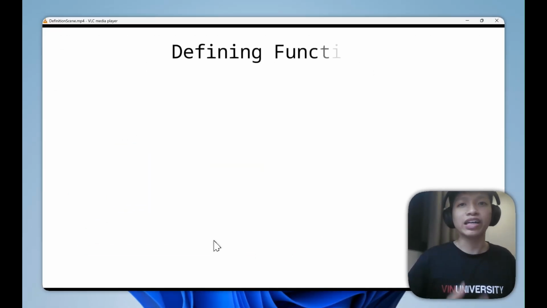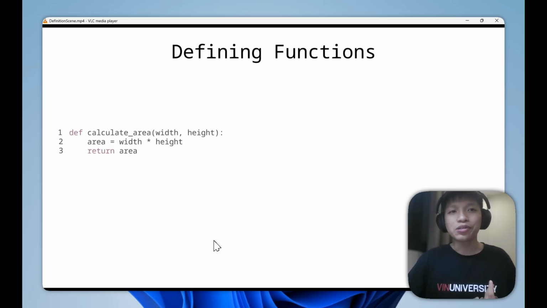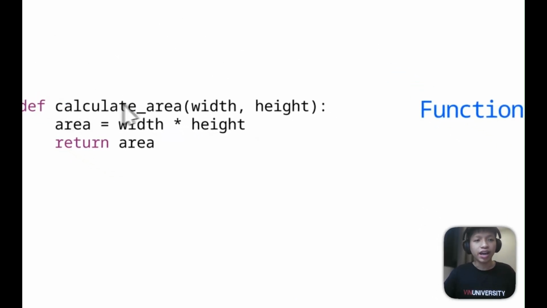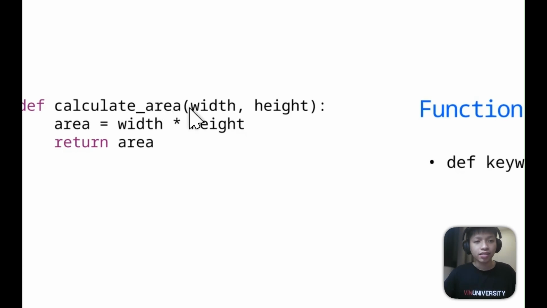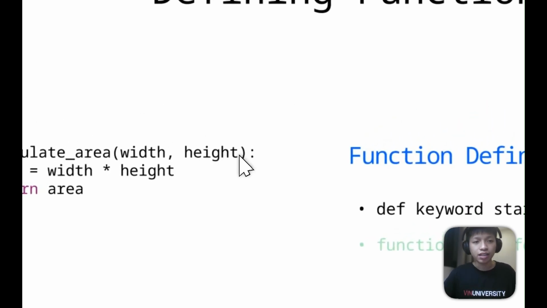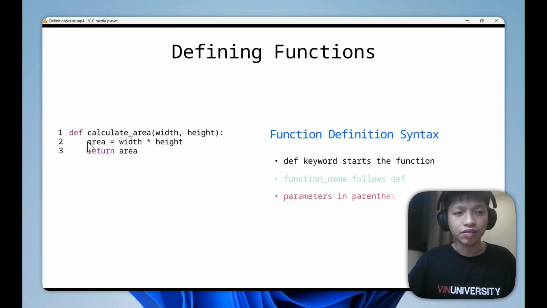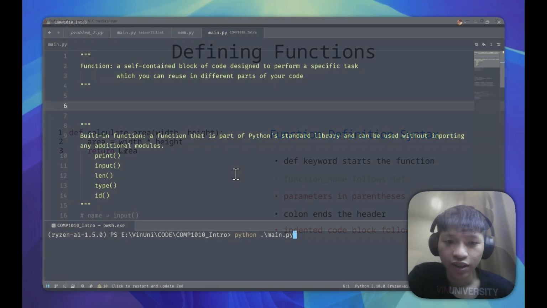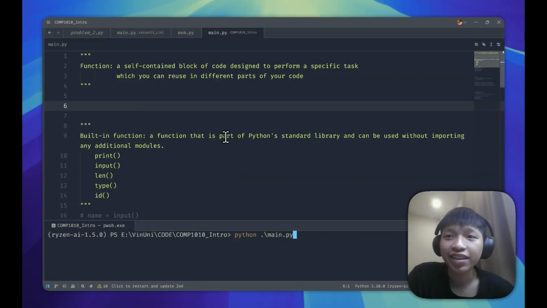To define functions, we can use the def syntax here, function name, parentheses, parameters here, and below is the indented code block. That means it will be indented by a tab. So in Python, you can think of a function as a reusable code block that you can use in different parts of your code and also in other files if you import it.